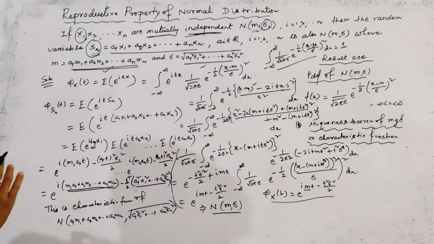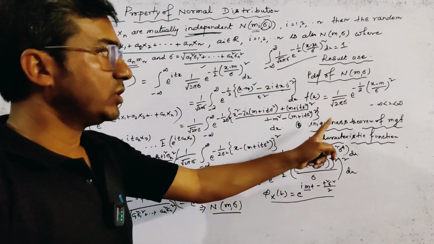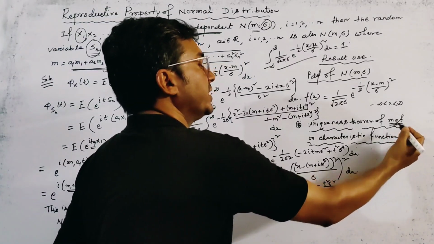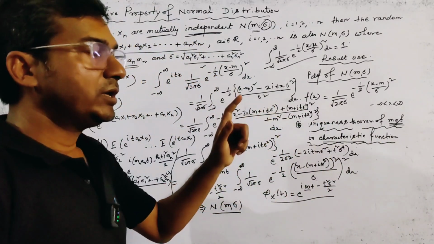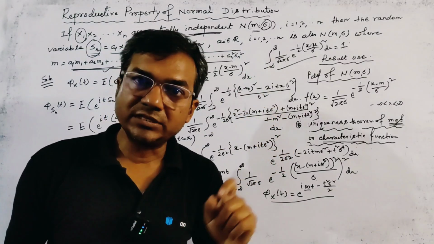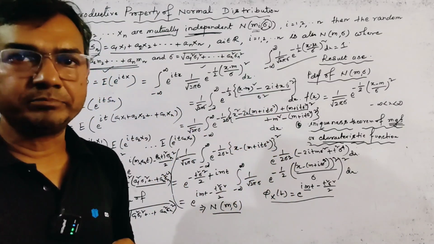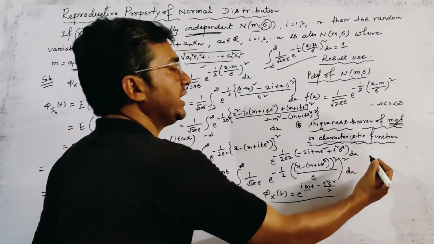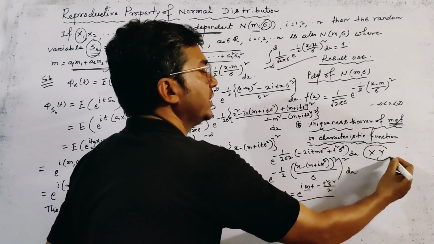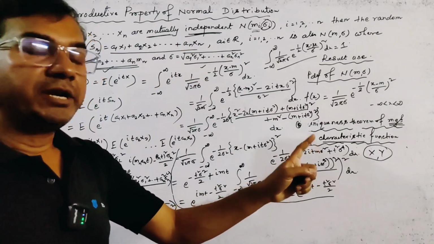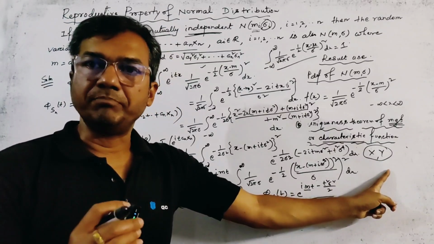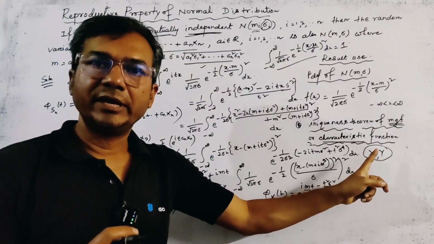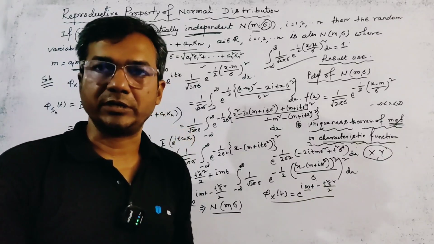Now here we use the uniqueness theorem of moment generating function or characteristic function, and in simple words, this uniqueness theorem states that if for two variables x and y the moment generating function or characteristic function of x and y are the same, then x and y have the same distribution.